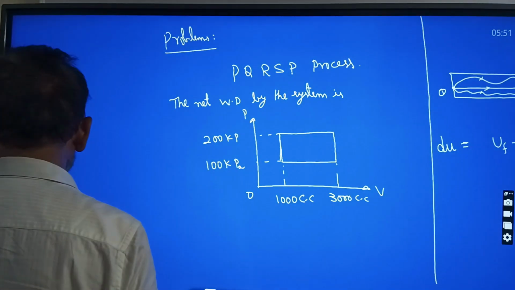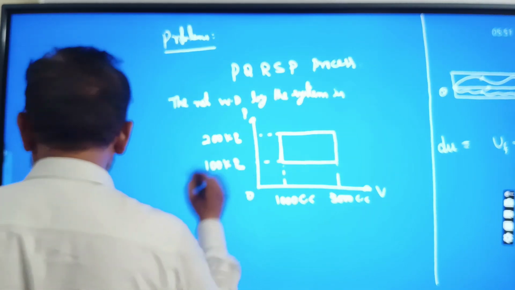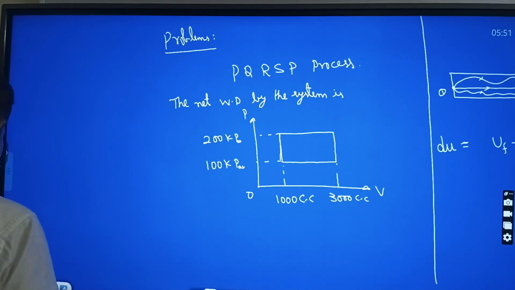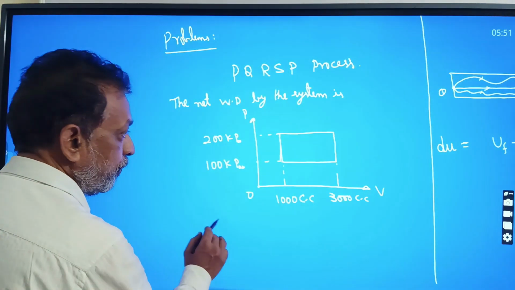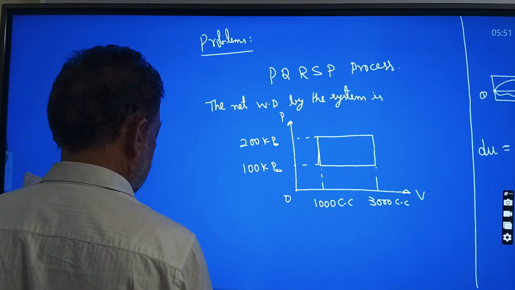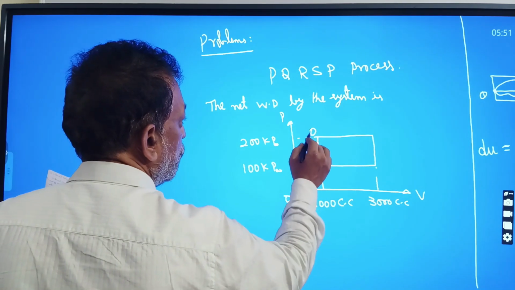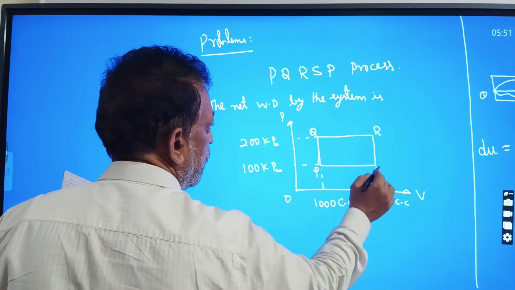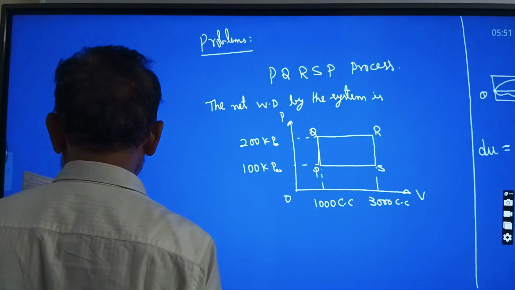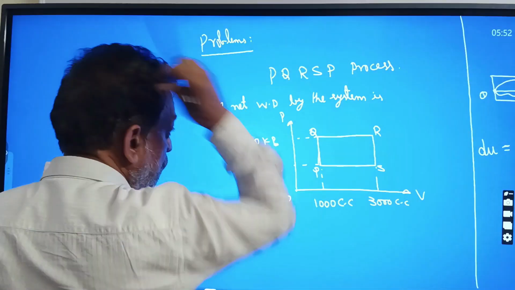Now they are asking you to find the net work done by the system. So you can say PQRS, this is a path P2. No problem.